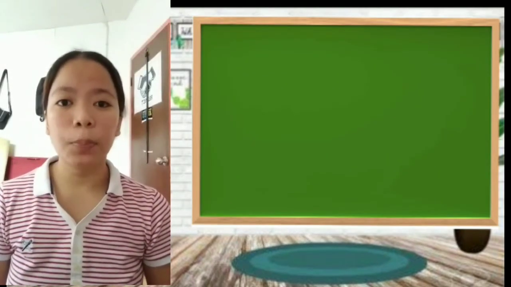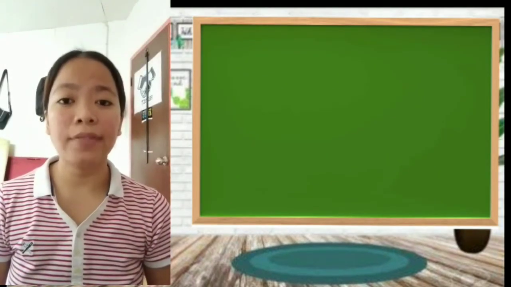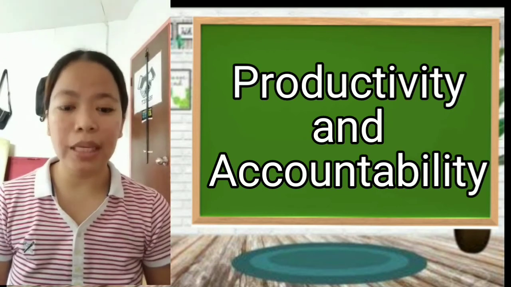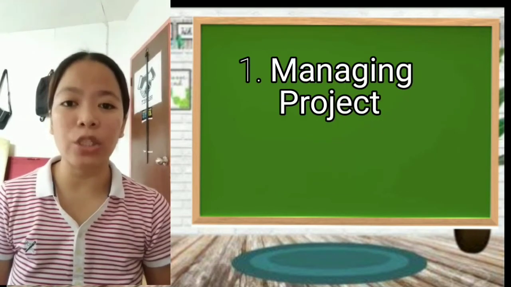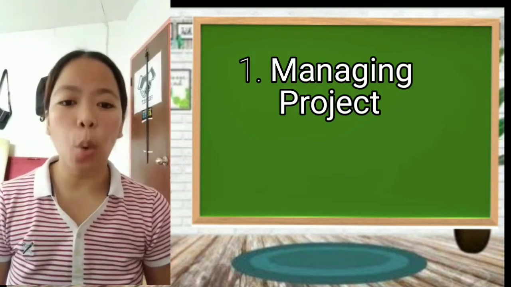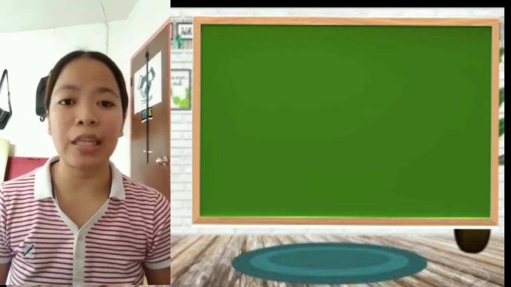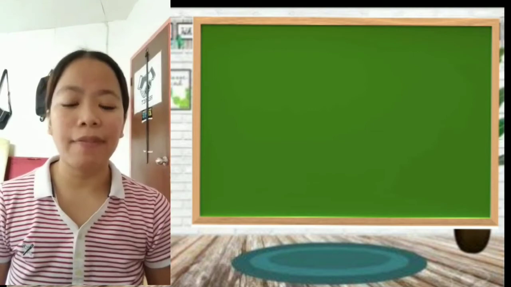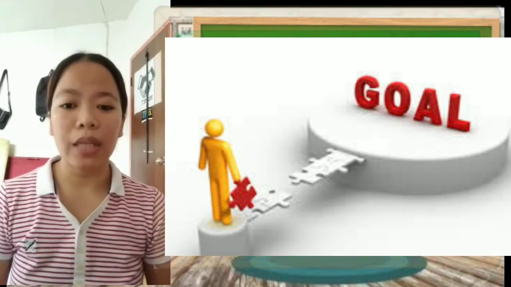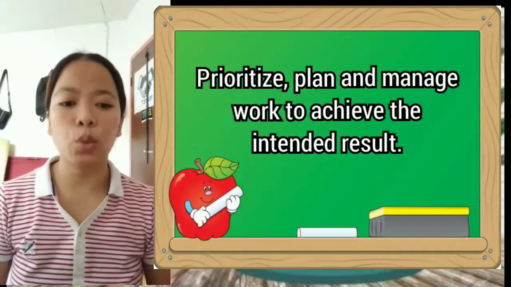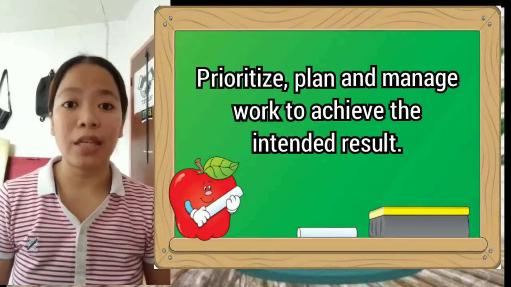And now, let's proceed to the next life skills, which is productivity and accountability. Under this, we have managing projects, which is managing one's own work with ownership by setting goals, even in the face of obstacles and competing pressures. Prioritize, plan, and manage work to achieve the intended result.